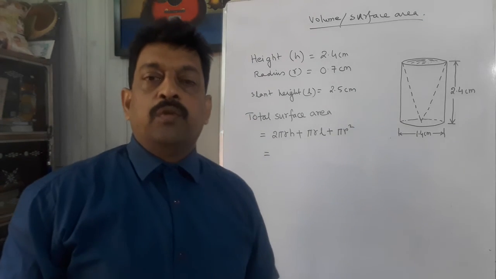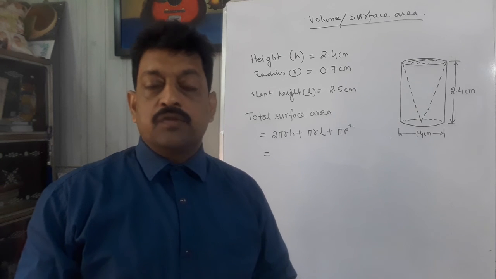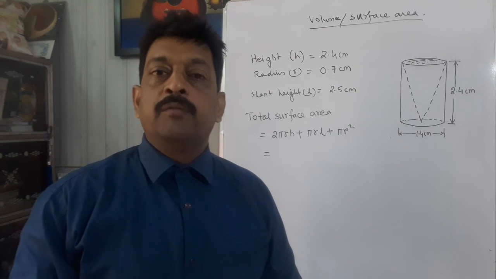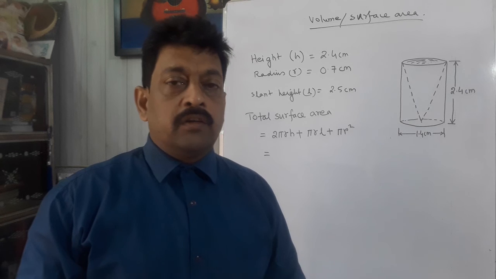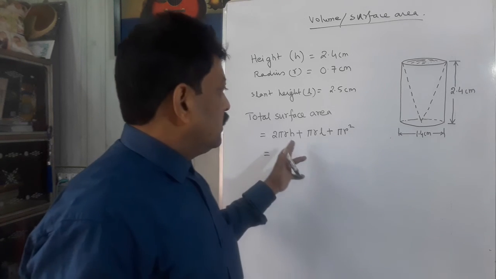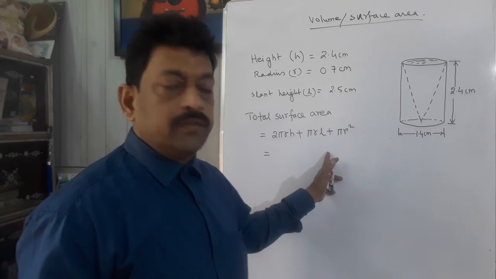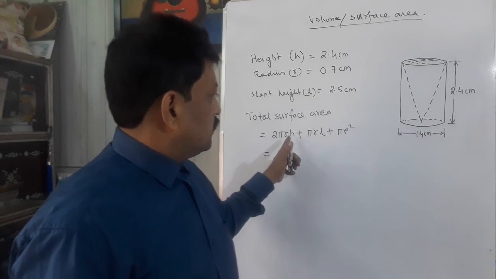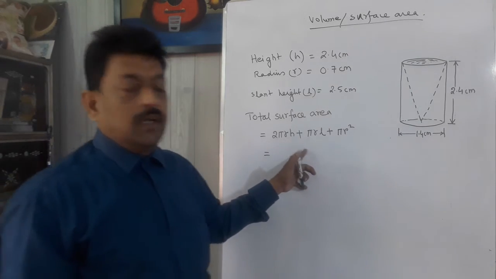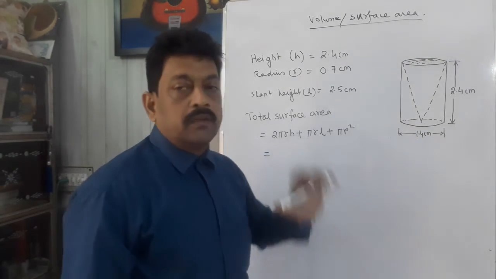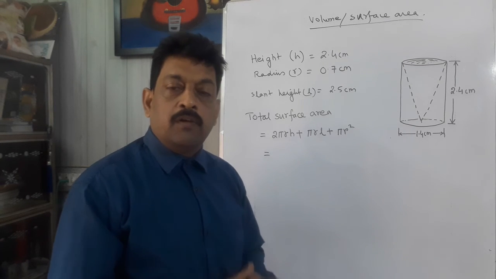Remember, whenever there is a case of surface area of the remaining solid, we cannot subtract anything. All the surfaces are to be added. So the curved surface of the cylinder, the curved surface of the cone, and the area of the circular base are all added together.